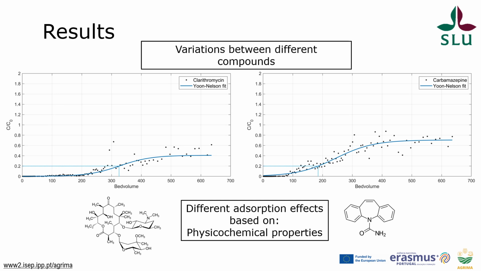And this size difference is interesting, as we see clarithromycin has a very much slower breakthrough compared to carbamazepine, even though they're for the same biochar. So we see that there are differences in the properties of the pharmaceuticals as well that affect how fast or how slow the breakthrough is on the biochar.